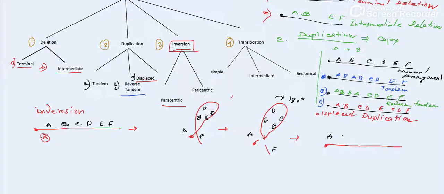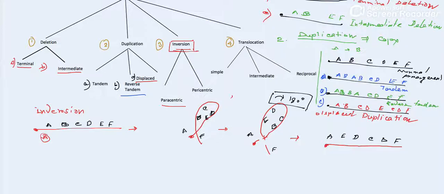So the new arrangement will be A, E, D, C, B, F. Such a chromosomal mutation is known as inversion.